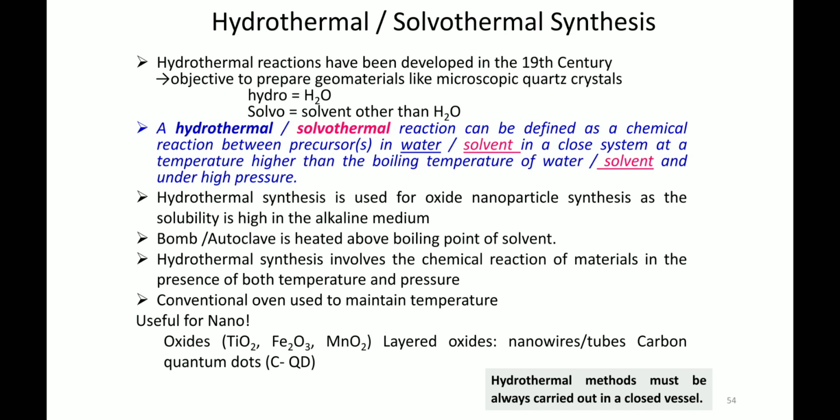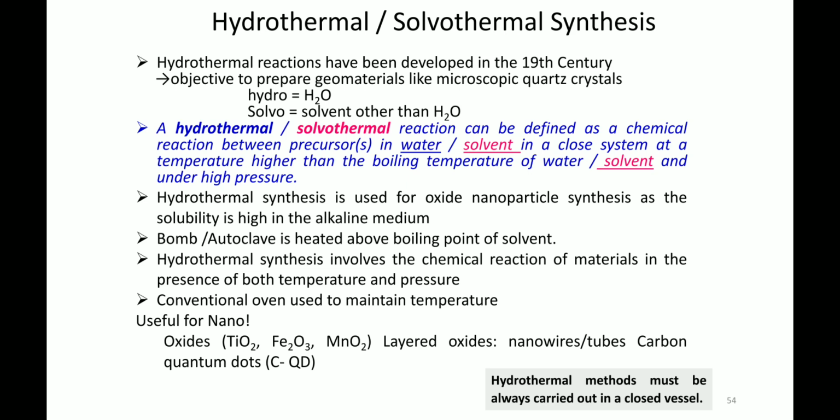A conventional oven is used to maintain the temperature. Once you keep the autoclave inside a furnace or an oven, then you can maintain the temperature as per the requirement for the synthesis of these nanomaterials.